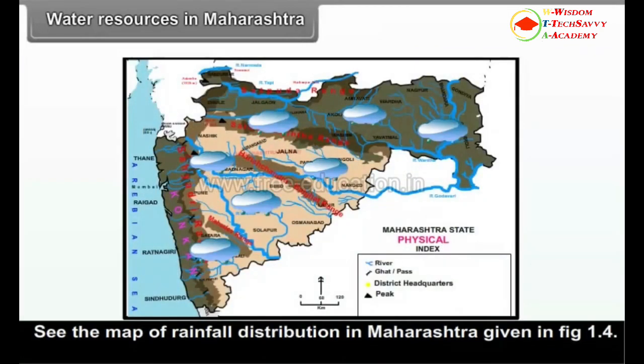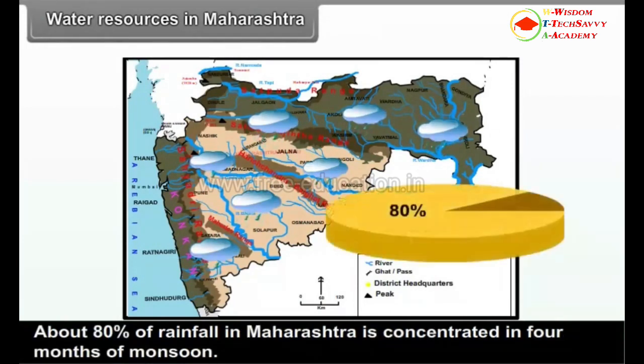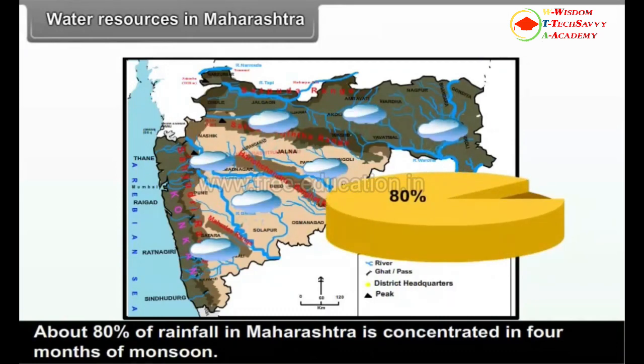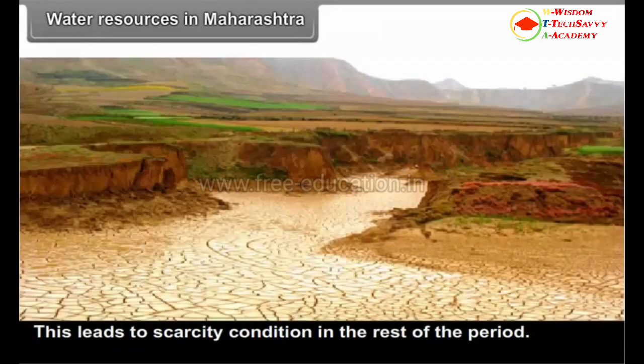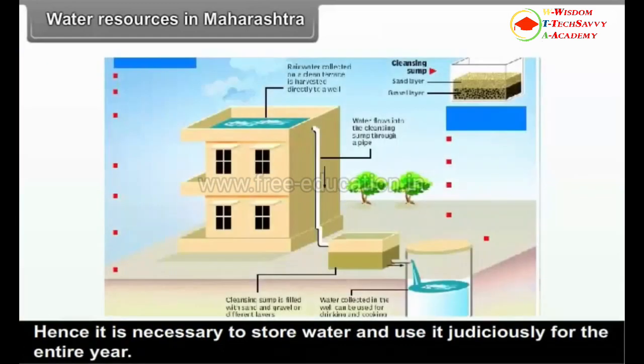See the map of rainfall distribution in Maharashtra given in figure 1.4. About 80% of rainfall in Maharashtra is concentrated in 4 months of monsoon. This leads to scarcity conditions in the rest of the period. Hence, it is necessary to store water and use it judiciously for the entire year.